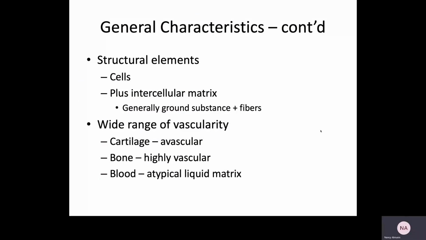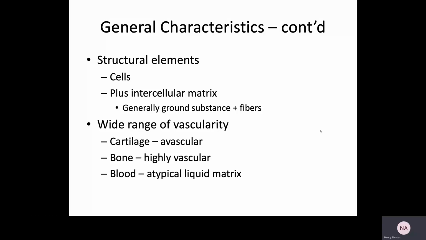When we talk about the general characteristics of connective tissue, you need to know that there are going to be structural elements which include connective tissue cells themselves, and then what is known as intercellular matrix, which is basically the stuff around the cells.